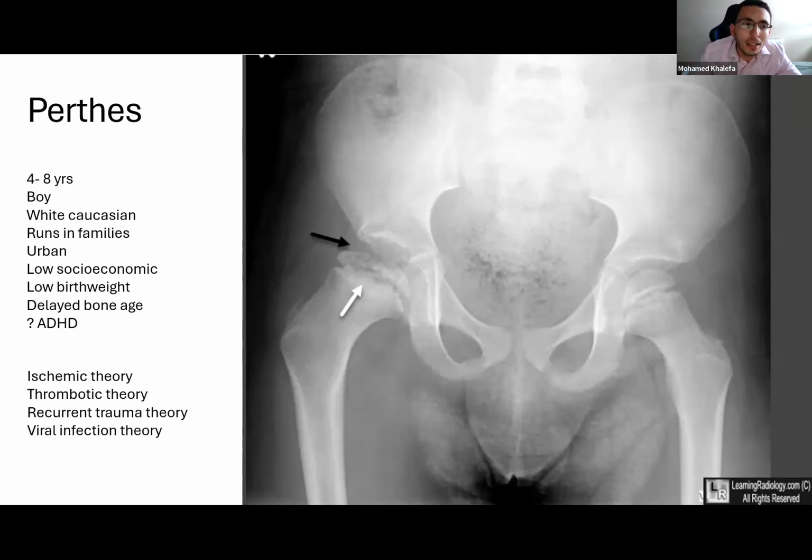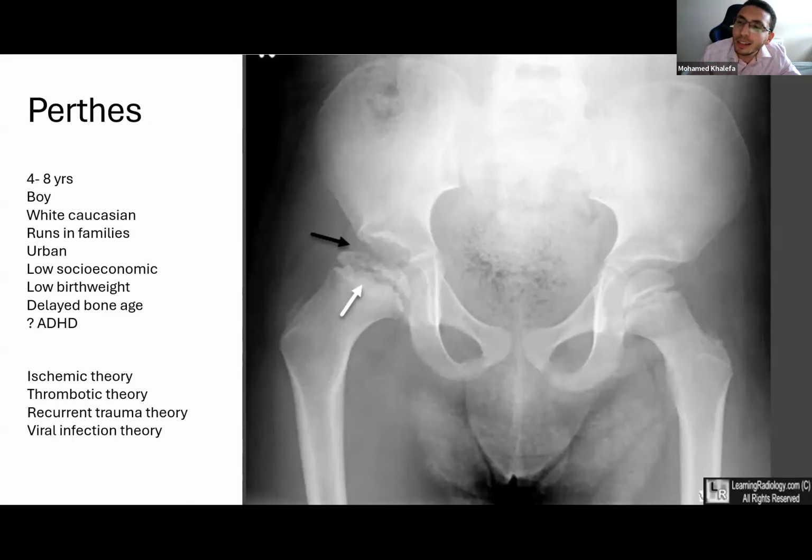So Perthes, basically, the classic would be a child, a boy, young, between 4 to 8, white background, runs in family. They sometimes call it the Perthes family, so family history might be relevant here. From urban areas, low socioeconomic, like Birmingham areas sometimes, okay? Low birth weight.